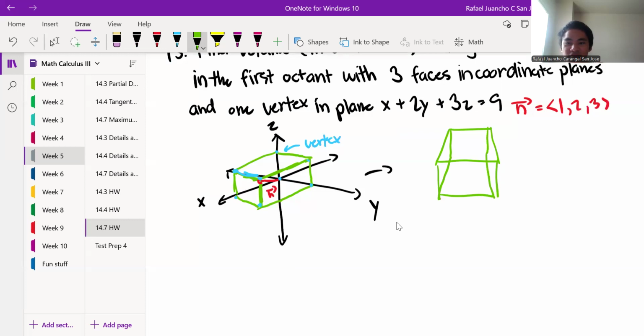If I do, I'm going to be the happiest man in the world. I'm kidding. So this here is 1x, right? That's 1x. This here is twice y, 2 times y. And then going up is 3z.